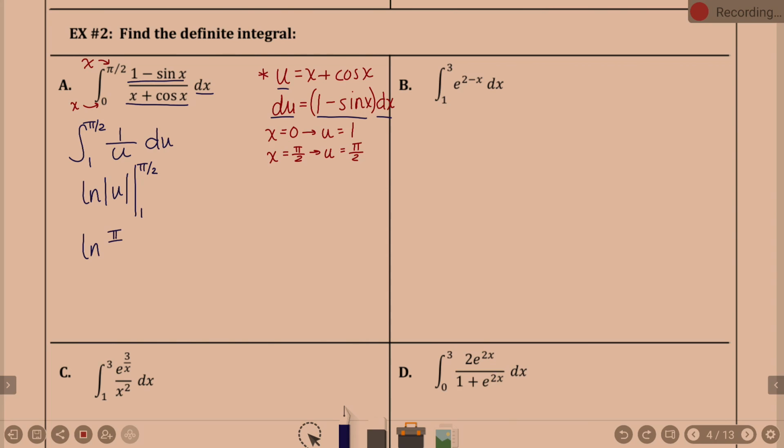Natural log of pi over 2 minus natural log of 1. Okay, so definite integrals, it's always plug in the upper minus plug in the lower. It's the rule, that's why.